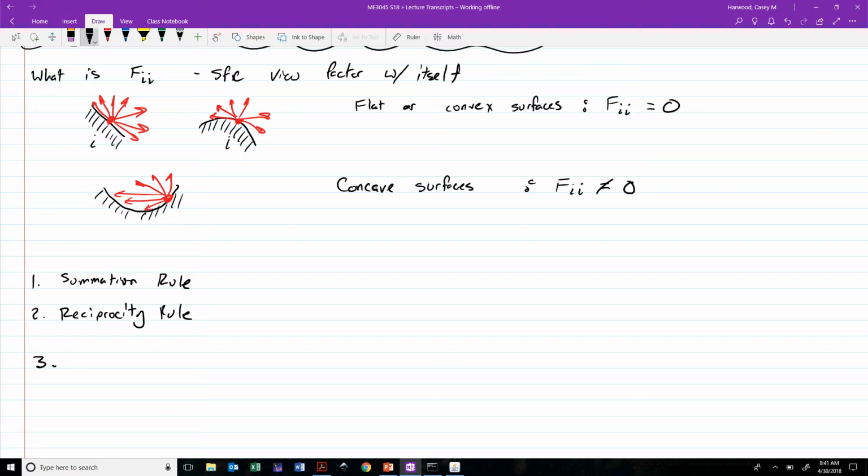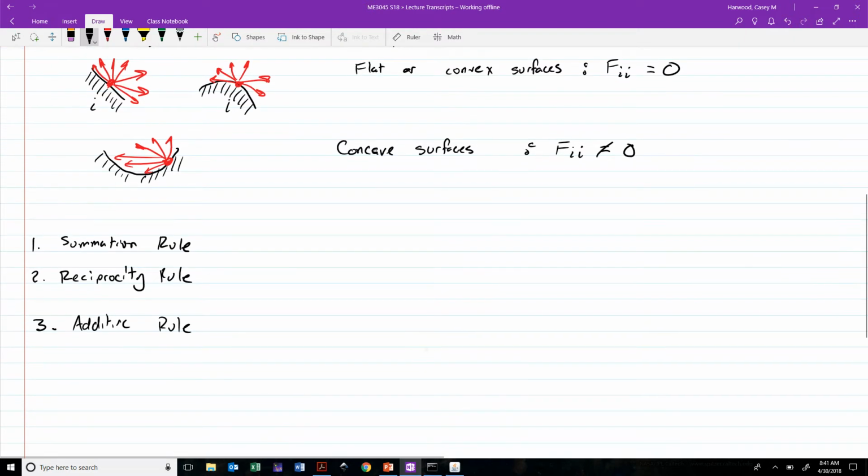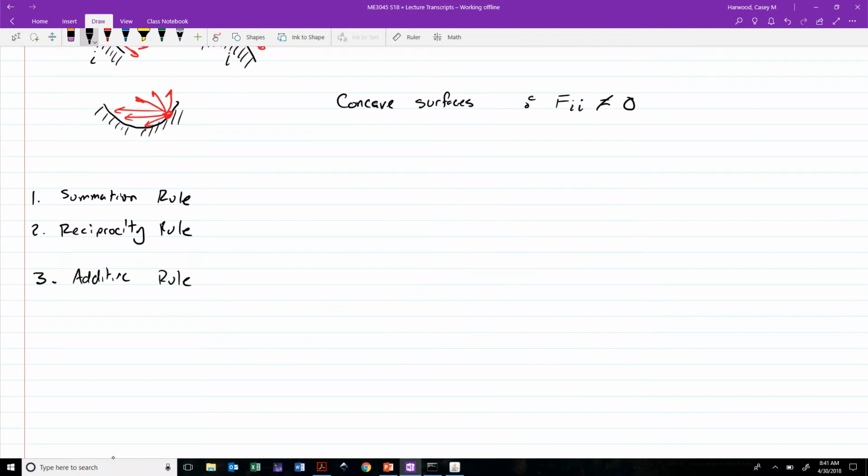So in addition to the summation rule and the reciprocity rule, I said there's one called the additive rule. The additive rule is very intuitive.